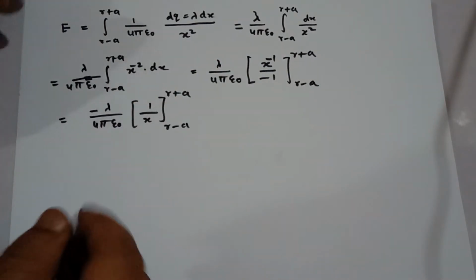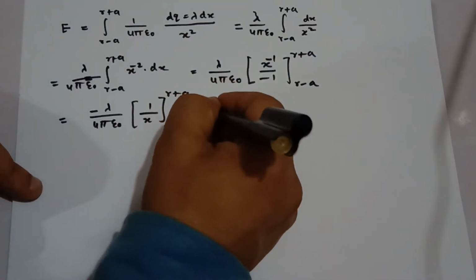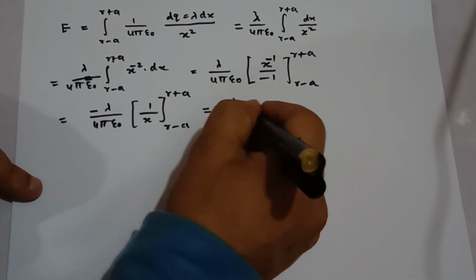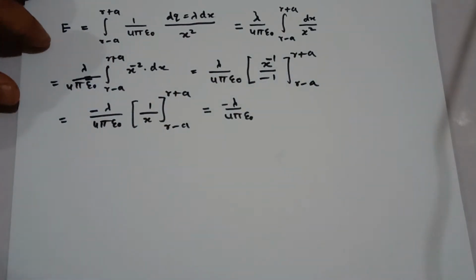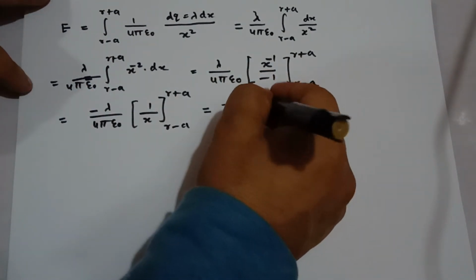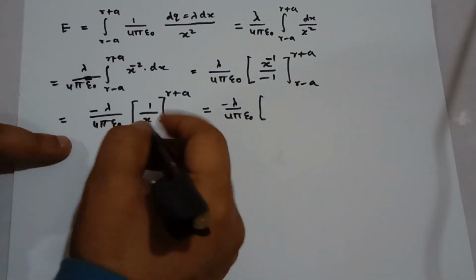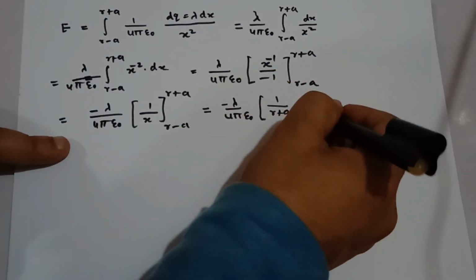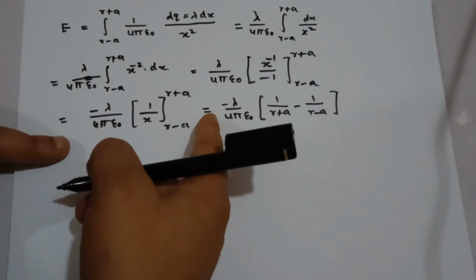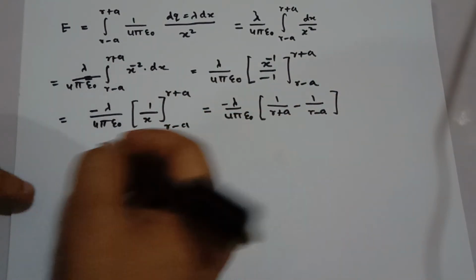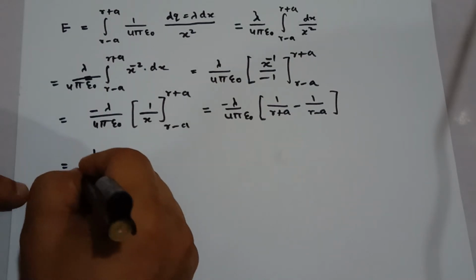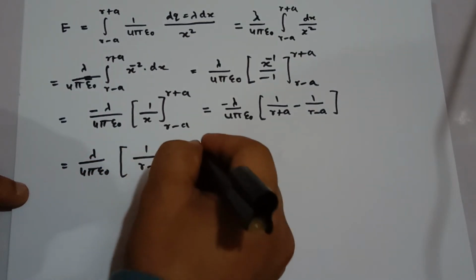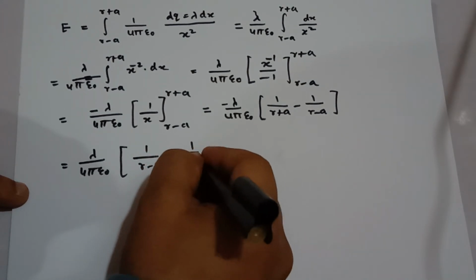So you can write this as minus lambda divided by 4 pi epsilon naught times 1 divided by r plus a minus 1 upon r minus a. When you take this minus sign inside the bracket, it becomes lambda divided by 4 pi epsilon naught times 1 by r minus a minus 1 by r plus a.